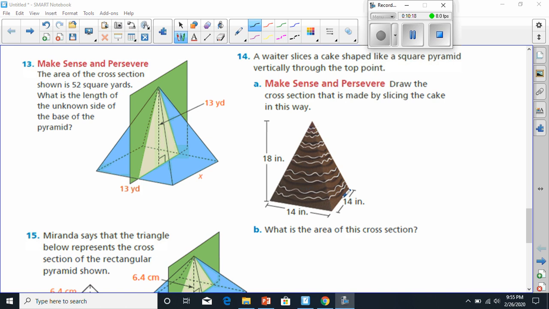If I'm slicing it vertically, it means that I have a piece that's coming through here and cutting right through this part here. And then it's coming out this side. And if I did that, well, I'm sure to make a triangle.